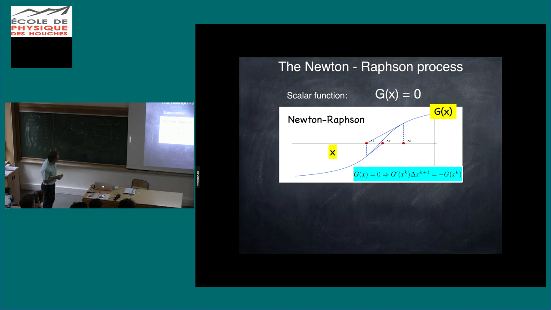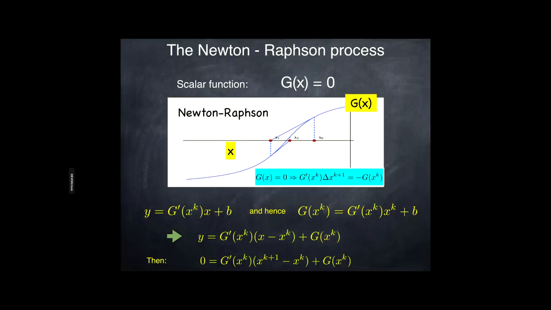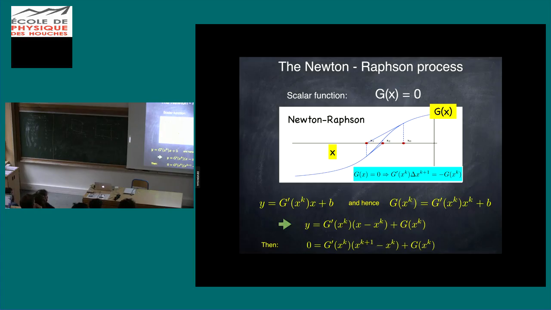Then how does the Newton-Raphson process work? If you've forgotten it, you start with a function in one dimension, say g(x), and a starting point x0. You compute the function value. Then you compute the tangent curve, that's g'(x) times x plus b. You compute the intersect, and you compute the function value again.